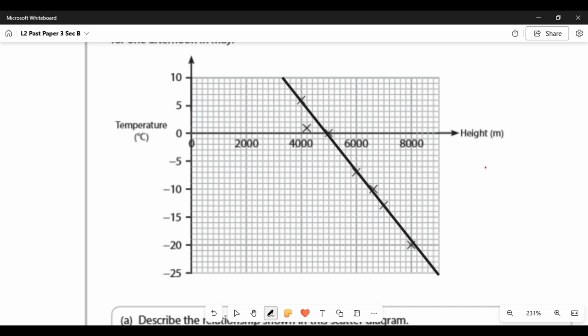That means it's going up by 200 each time, isn't it? So each little increment is 200 meters. Therefore, if you want 5,400, well, 5,000 is going to be halfway between 4,600 and... So 5,000 is actually where that cross is. Can you see where that cross is on the diagram? They've actually put 5,000 right there.